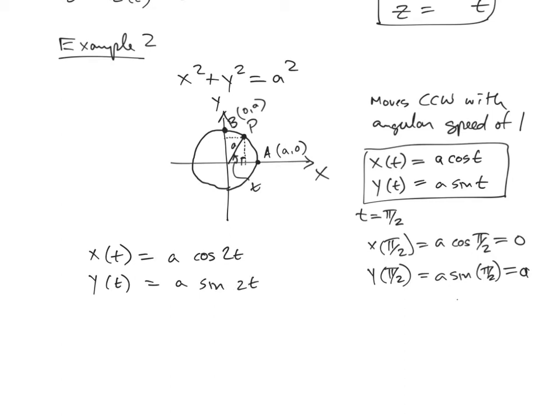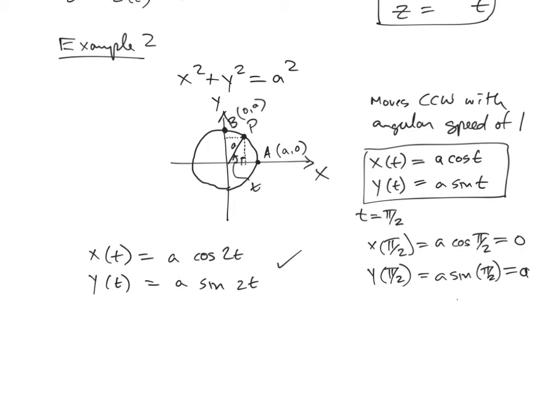That'll work too. It just means that the angular velocity of a point traveling on the circle would be 2 instead of 1. But it'll still give me the same circle. Right? So that's legit. Or cos 3t, sine 3t. Or cos negative 4t, sine negative 4t. Right? Doesn't really matter. It'll all give me the same circle.